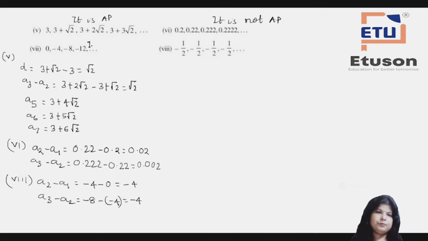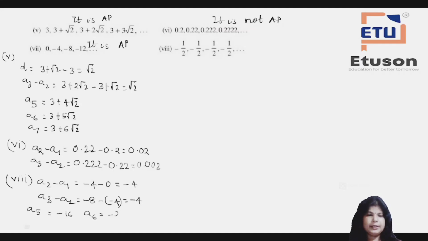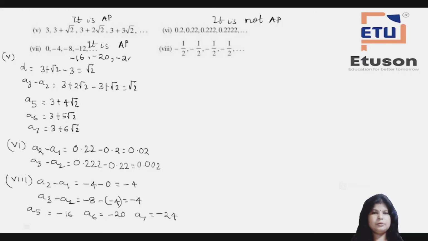So it is AP. So what about the subsequent numbers? Your A5 will be minus 16, A6 will be minus 20, A7 will be minus 24. Correct? Minus 16, minus 20 and minus 24.